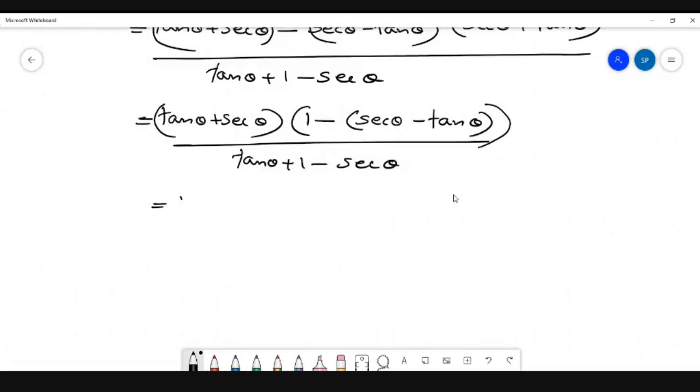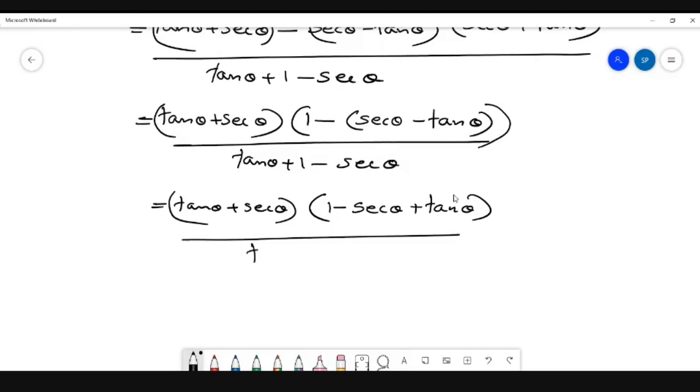But that can be written as tan theta plus sec theta into this. Now you remove the bracket because the negative you have to apply to both. That is 1 minus sec theta, minus into minus it becomes plus tan theta, by tan theta plus 1 minus sec theta.